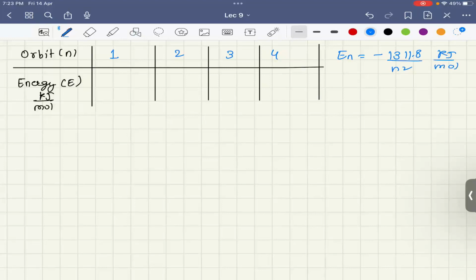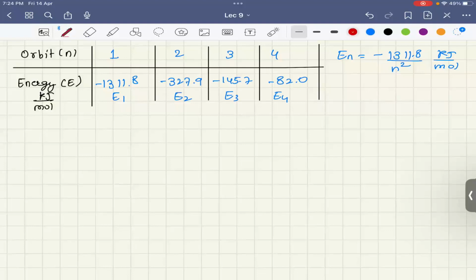So when we put in these n values, we get minus 1311.8, minus 327.9, minus 145.7, and so on. This is E1, this is E2, this is E3, and this is finally E4.